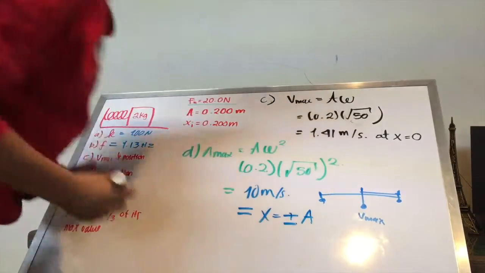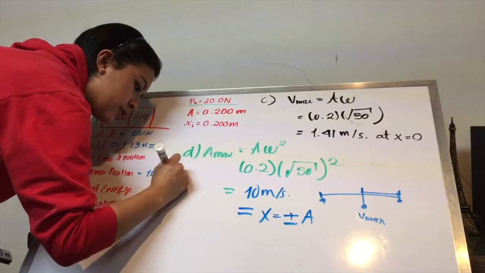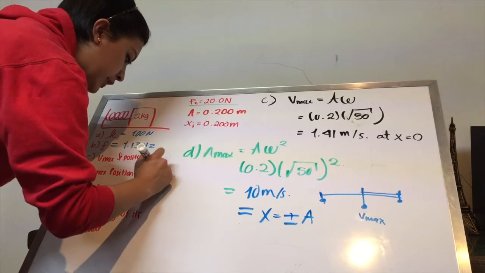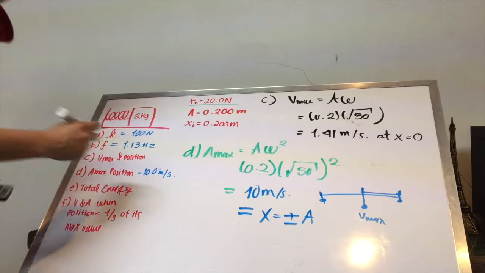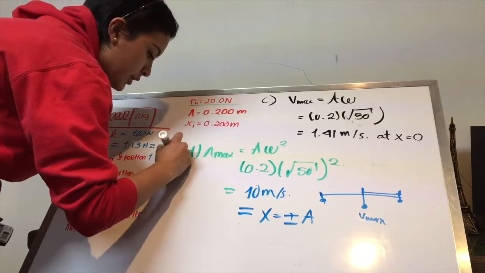So we have 10.0 meters per second squared, with 3 significant figures, and 1.41 meters per second.